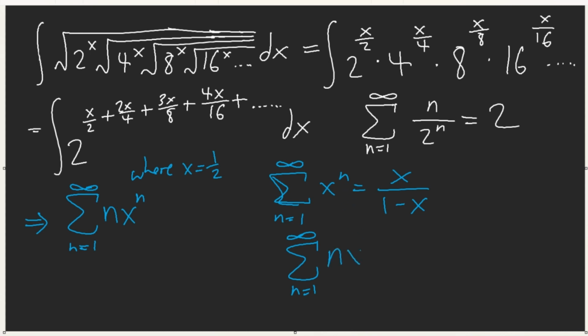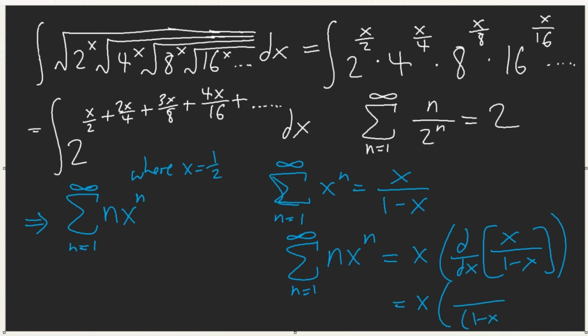Deriving it, we get n x to the n minus 1, but that minus 1, I can apply it to x here, and then I derive the right side, the derivative of x over 1 minus x. In this case, that's 1 minus x squared.